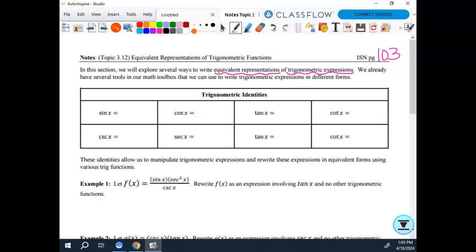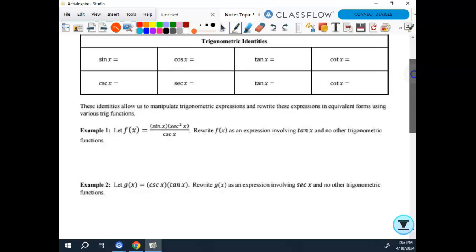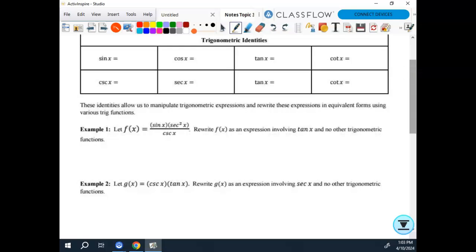All right, so we have what are called trigonometric identities, some of which we have to just know. The good news is everything in this chart, you already know. So tell me, what is the reciprocal of sine? Cosecant. Okay, so sine is 1 over cosecant x, which means that cosecant is 1 over sine x.